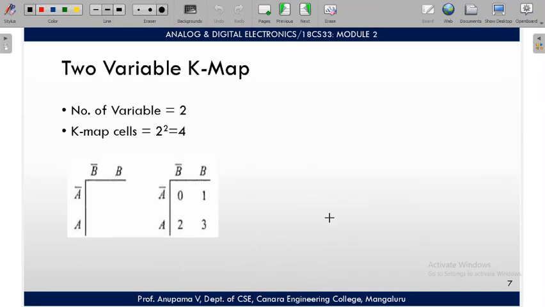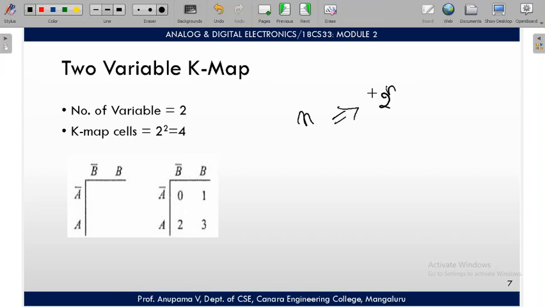Now, how to draw a two variable Karnaugh map? The number of variables in the expression is 2. Hence, the Karnaugh map has 4 entries. That means, in general, if there are n variables in the expression, there are 2 to the power n entries, or 2 to the power n cells, in the Karnaugh map.